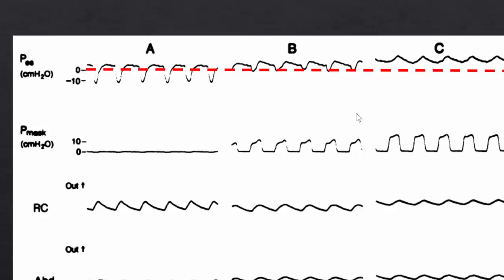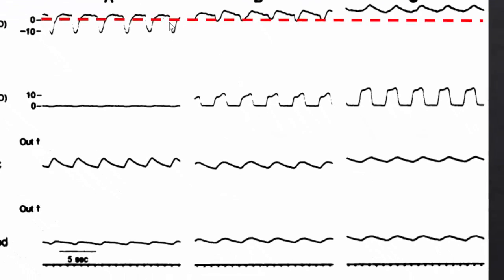As the pressure support went up, the negative intrathoracic pressure was ameliorated to a large degree, went only down to 0, and at higher pressure support, the pressure in the esophagus and the pleural cavity actually stayed positive, showing that you alleviated negative pressure swings with higher pressure support.